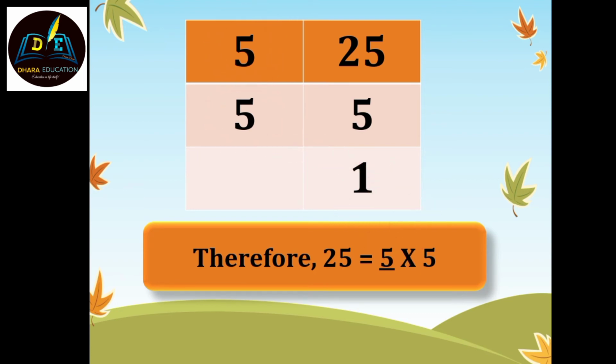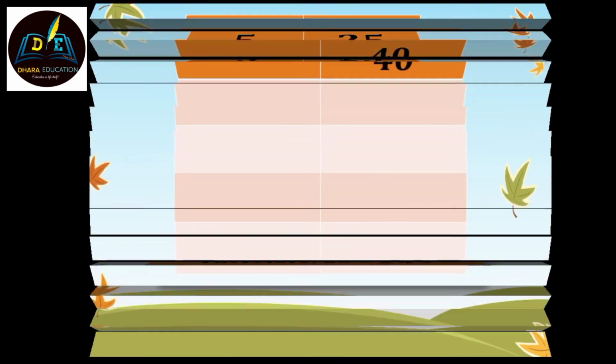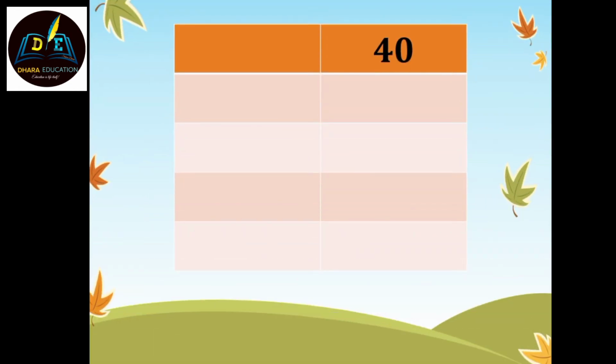Move on to the next part of question number 1, sub question 1, that is 40. It is our question. So how do we write this? Now how will we solve this? 40 on the right hand side we write first.